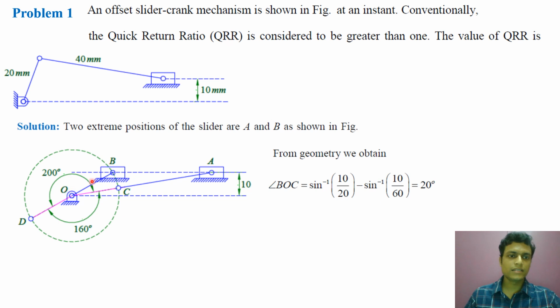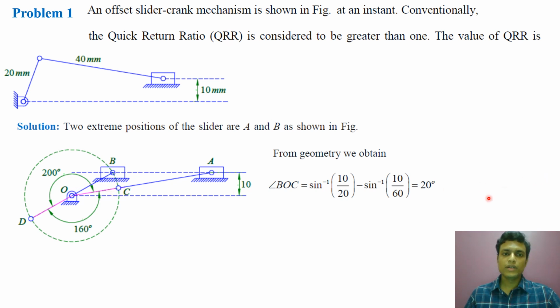So the angle between BO and the horizontal line is sin inverse 10 by 20. Similarly, for AO, OA is 20 plus 40, so 60, and the angle is sin inverse 10 by 60. So angle BOC is sin inverse 10 by 20 minus sin inverse 10 by 60, and this becomes 20 degrees. So BOC is 20 degrees.